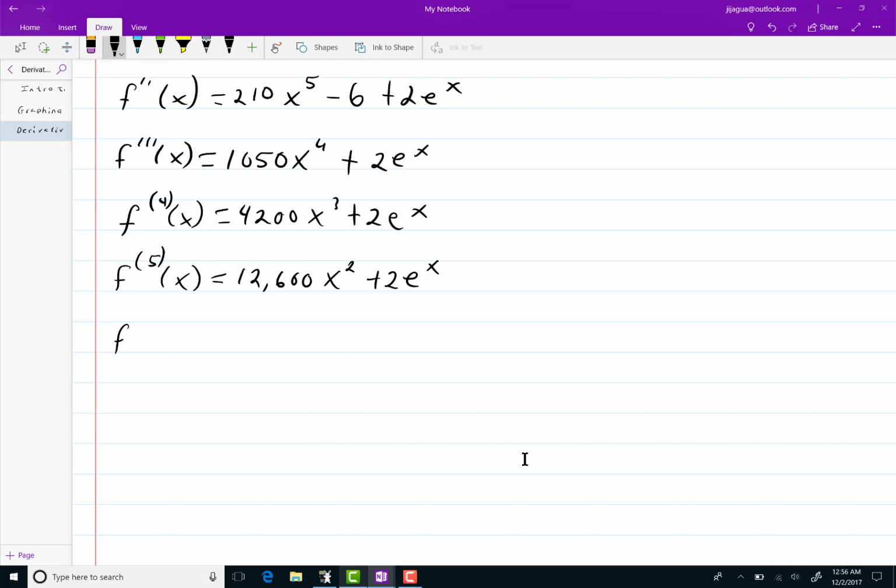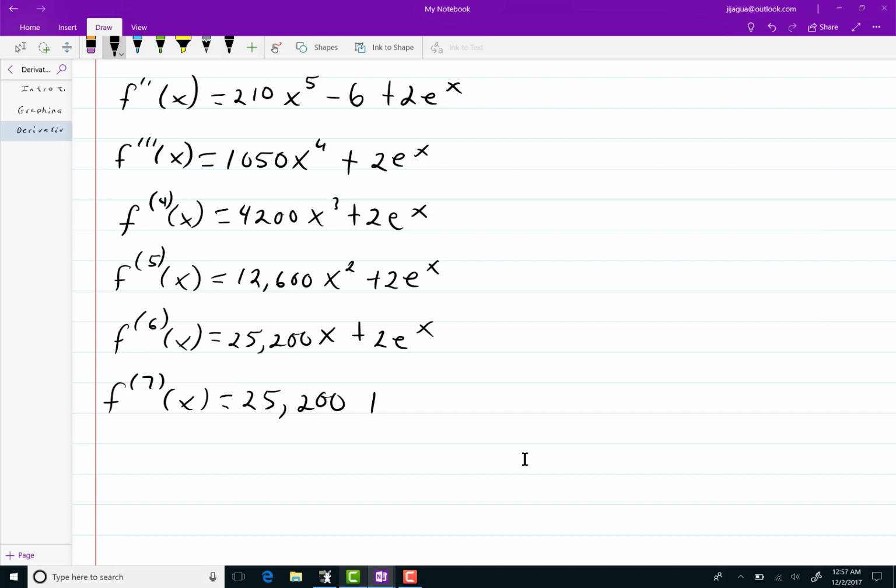The 6th derivative of f equals, you see 2 times 12,600 is 25,200. So 25,200 x plus 2e to the x. And then the 7th derivative of f is 25,200, the derivative of x is 1, plus 2e to the x.